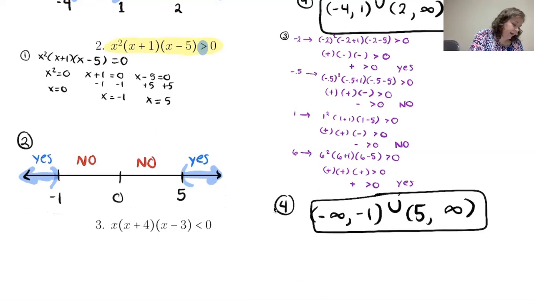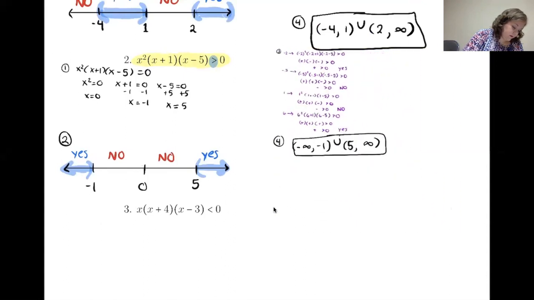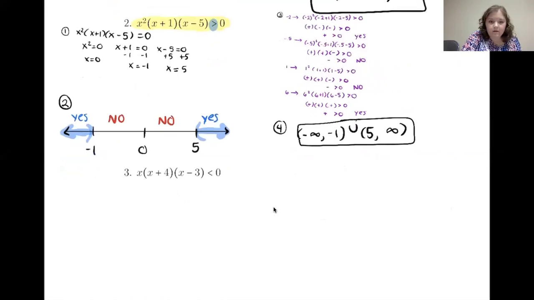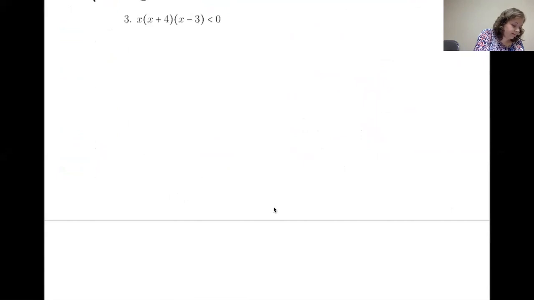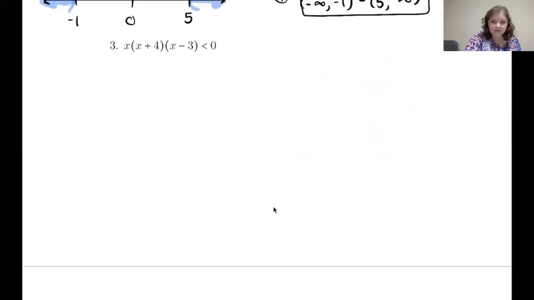And so that will be the end of number 2. Okay. So now we can go on to number 3 and do the same 4 steps. All of these are going to use these same 4 steps.